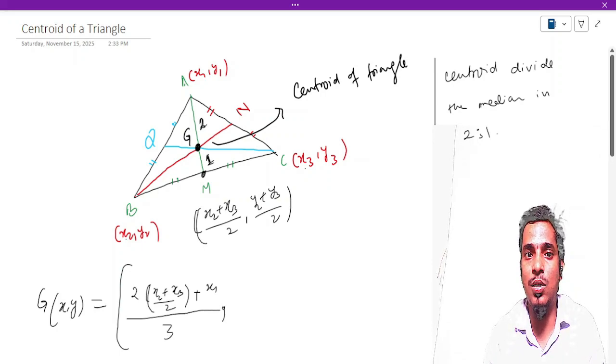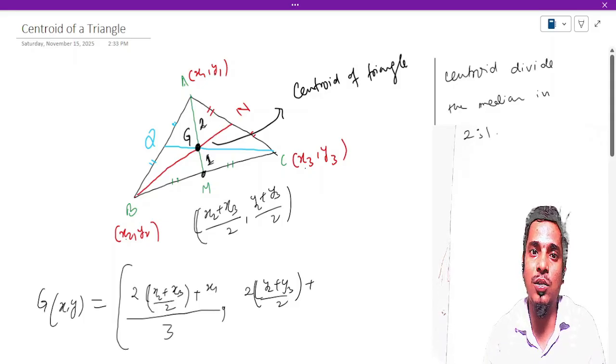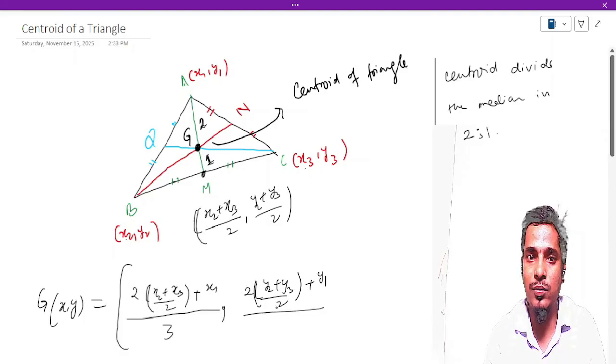Likewise, the y coordinate is 2 times y2 plus y3 by 2, plus 1 times y1, divided by the sum of the ratio, 2 plus 1, which is 3.